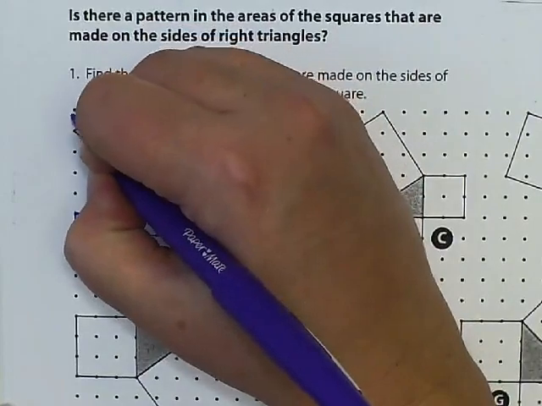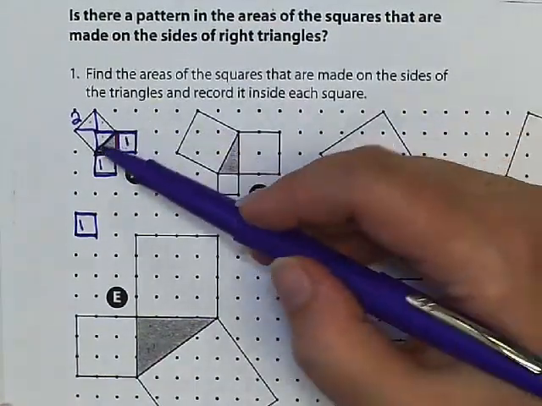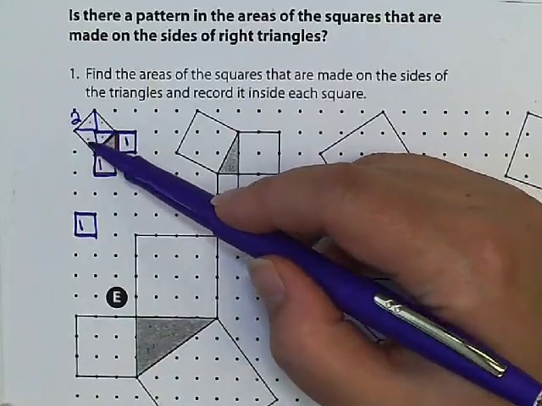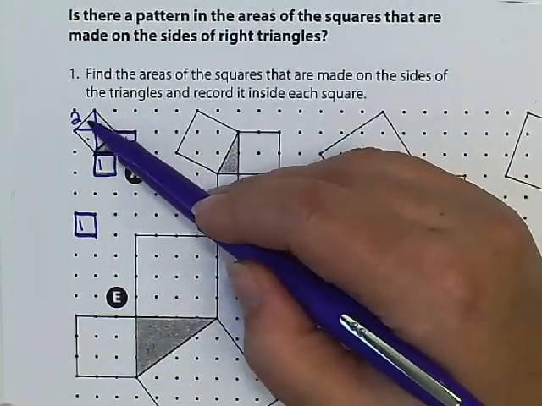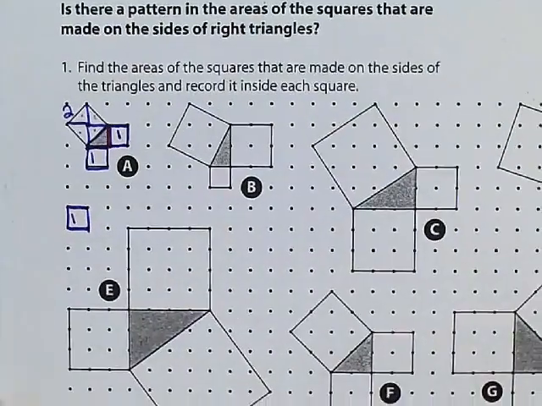So this would actually make an area of 2. Okay? So all I did was combine two of the triangles to make one box, and then combine two more triangles to make another box. Now, some of the boxes are going to be a little tricky to find the area, so stay with me and then you'll understand what I'm doing.